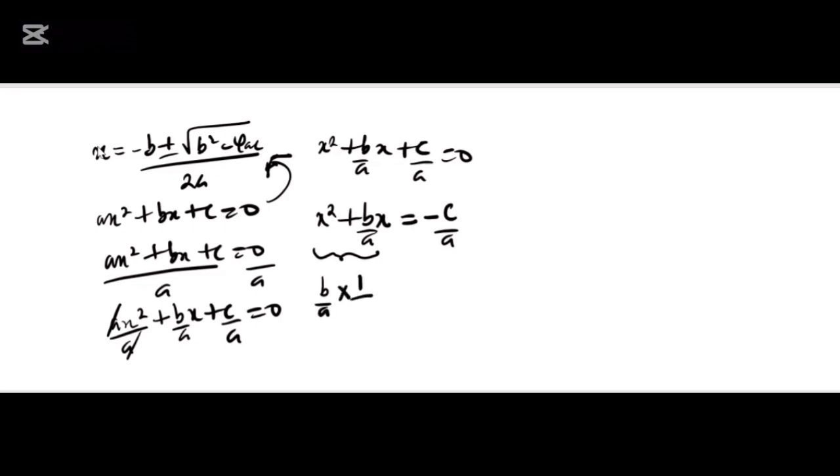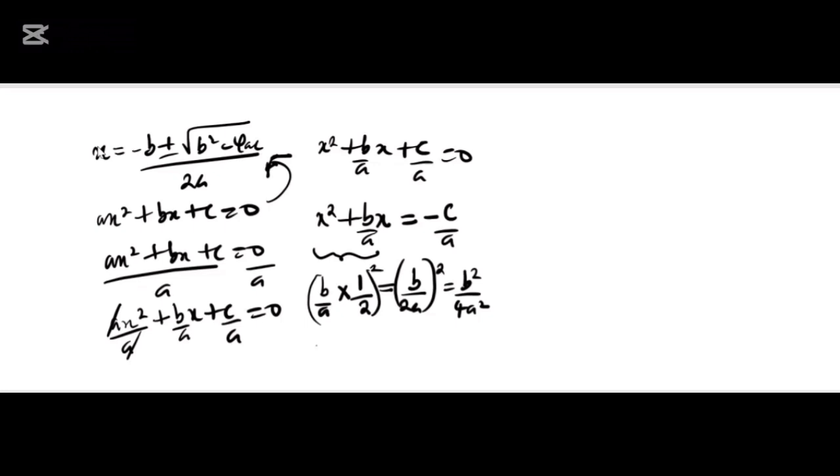Half of it means b over a times 1 over 2, and that will give us b over 2a. Now the square of half the coefficient of x is the square of b over 2a, which will give us b squared over 4a squared. For the left hand side to become complete, you must add b squared over 4a squared according to the completing the square rule.